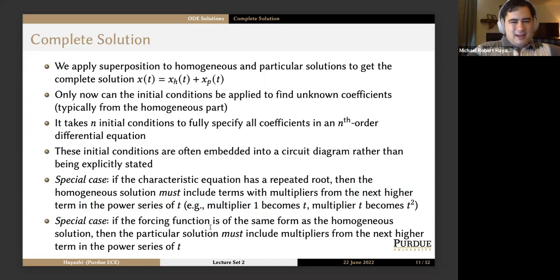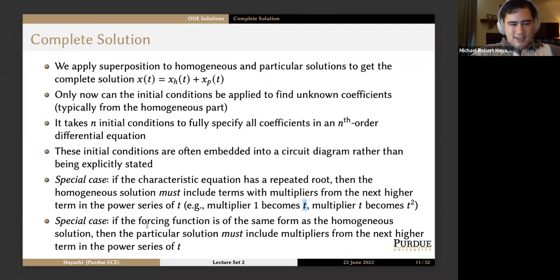So basically, if we had 2 roots equal to -5/2, we would have a1 e to the -5/2 t plus a2 times t, where the multiplier 1 became t, times e to the -5/2 t. We'll get to an example where hopefully it becomes a little more clear what we mean in a couple slides.